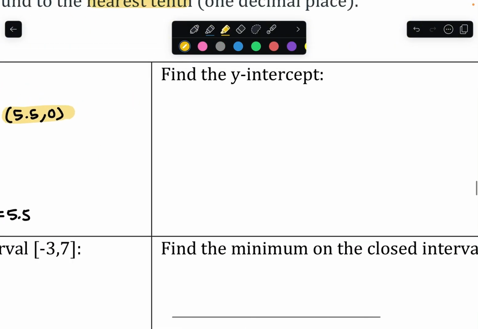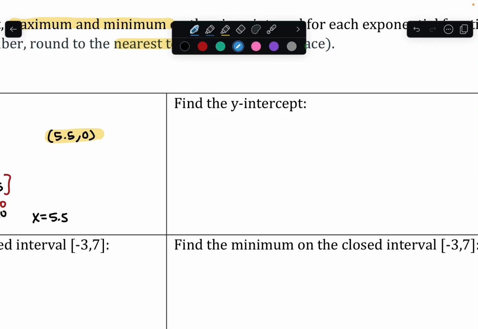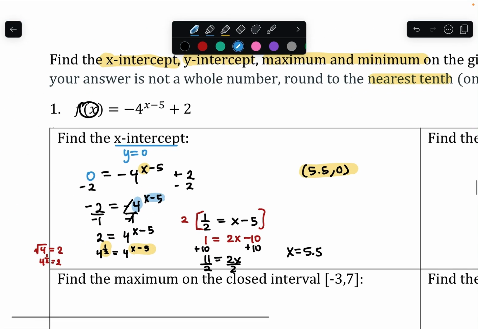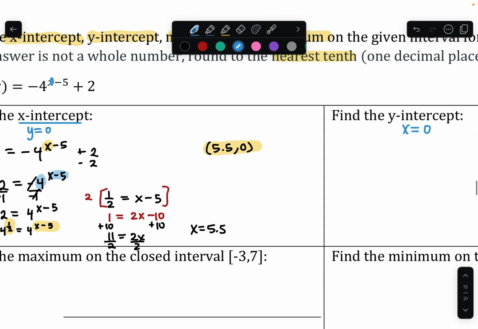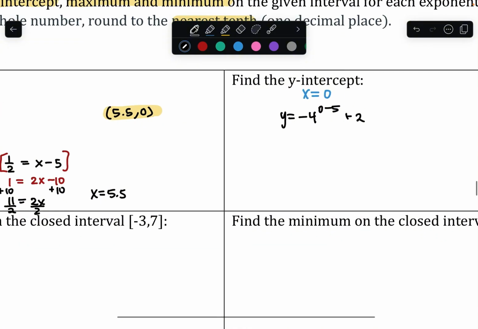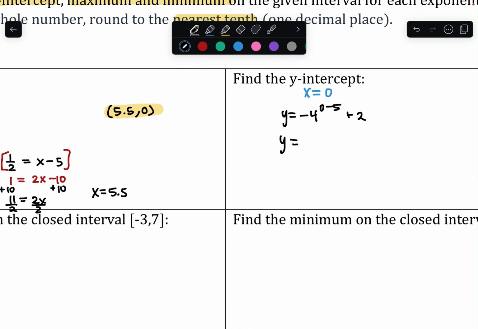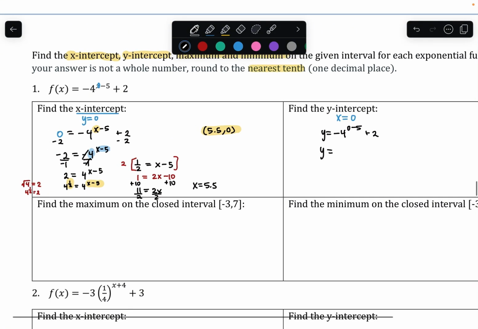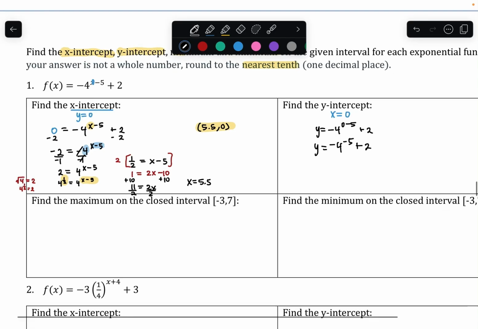Okay, and so for the y-intercept, we are plugging in x equals 0. So going back to our original equation, this time our x is 0. And so that gives me negative 4 to the 0 minus 5 plus 2, which is negative 4 to the negative 5 power plus 2.